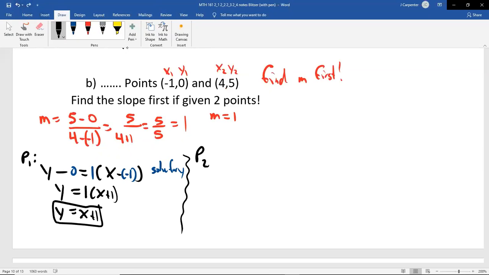All right, so if we're using point 2, which is the 4 comma 5, now we go y minus 5 for the substitution equals the m, which was 1, times the x minus the x1, which was the 4. Again, we chose to use this point, so now we're saying x1 is the 4.